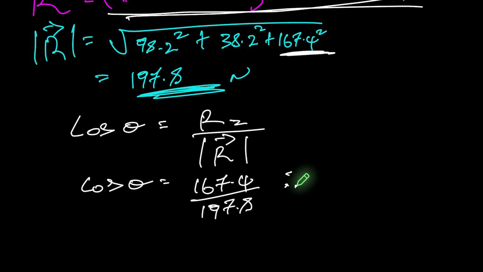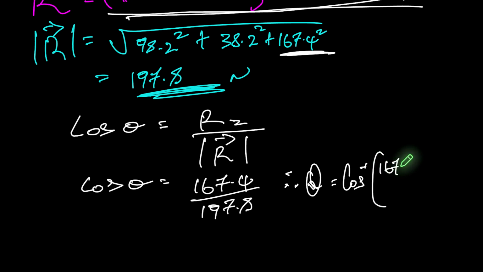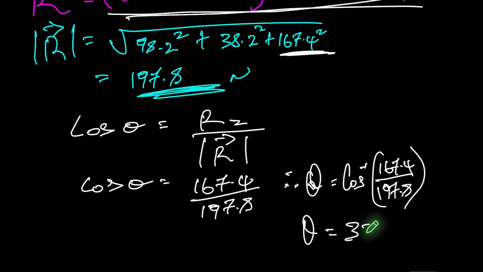Rearranging to get the angle, we have cos inverse of 167.4 divided by 197.8, and this gives us an angle of 32.2 degrees in relation to the z-axis.